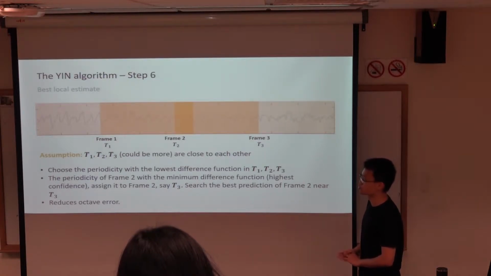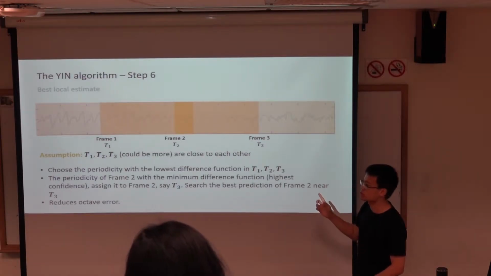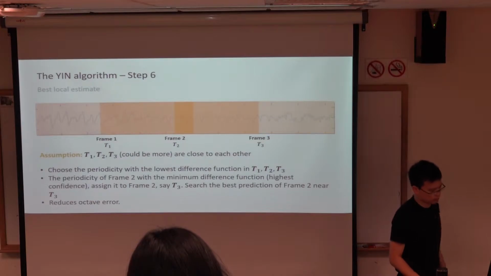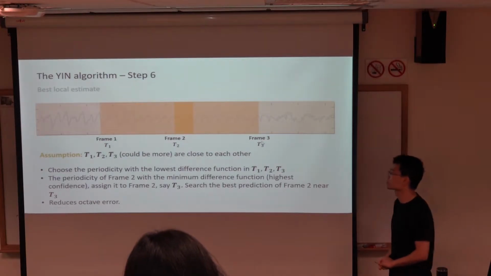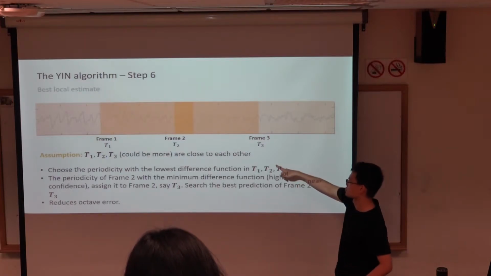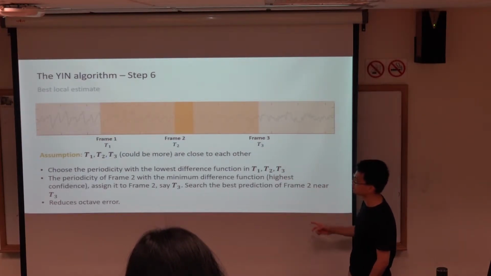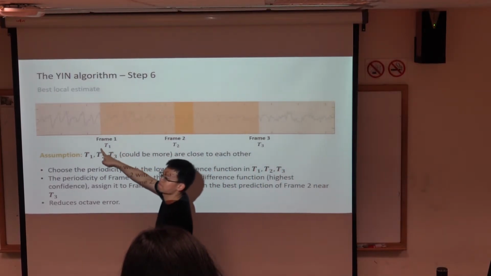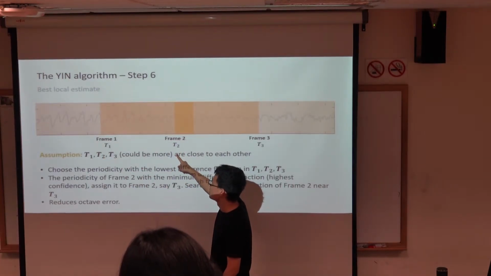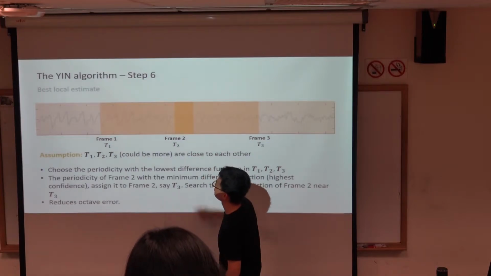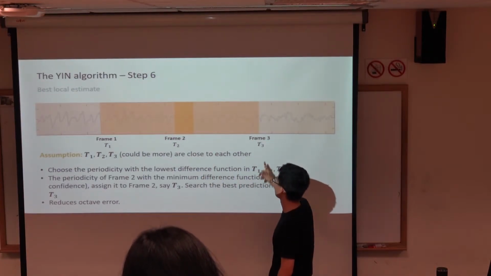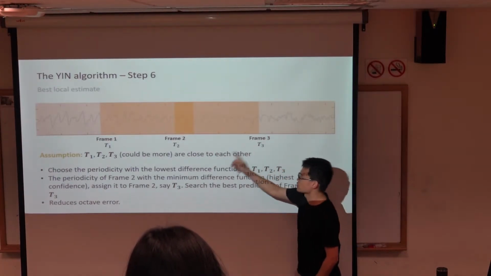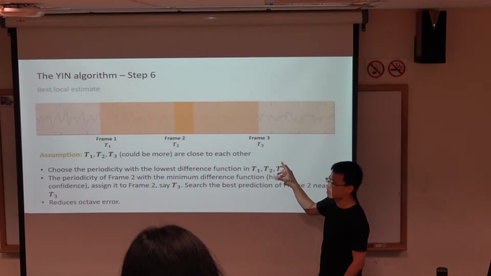So we choose the highest confidence among T1, T2, and T3. For example, if the confidence of T3 is the highest, then we assign T3 to each frame. Because the target of this step is to ensure that T1, T2, T3 do not have an octave jump.